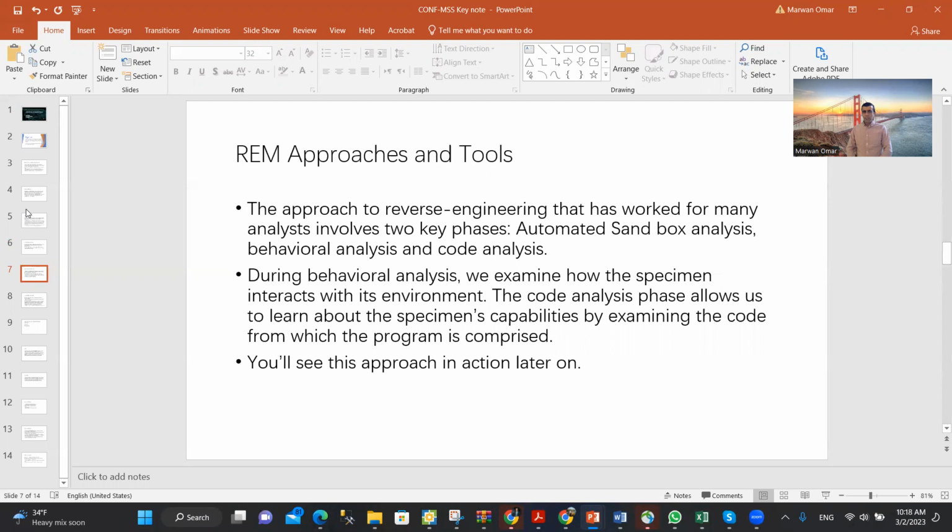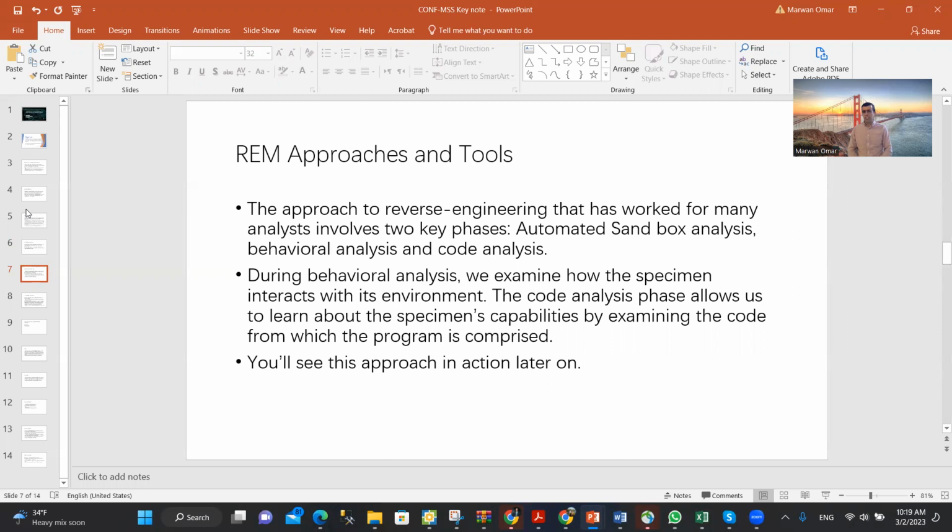So again, during behavioral analysis, we want to examine how the specimen, meaning the malware specimen or the binary or the executable, interacts with its environment, meaning does it try to access certain artifacts on the system? For example, does the malware specimen try to access registry?